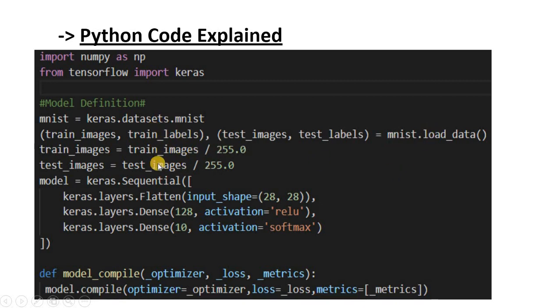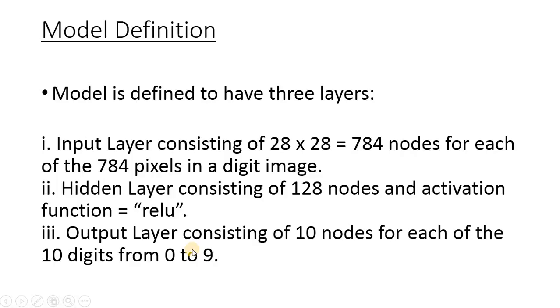After that, this is just some manipulation of the intensities to come in 0 to 1 format instead of 0 to 255 format. Now we are defining the model for 28 by 28 pixels, and the activation function is relu, and the output layer is softmax. And there are some functions below that which we will explain one by one.